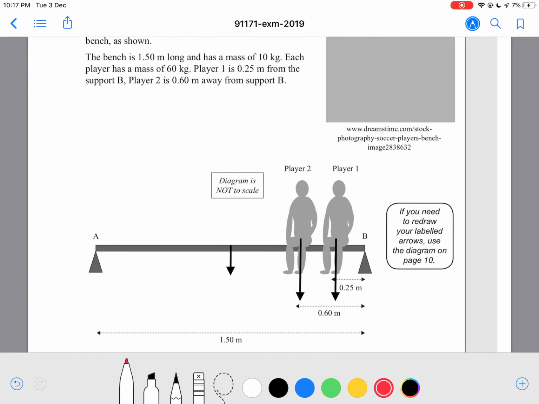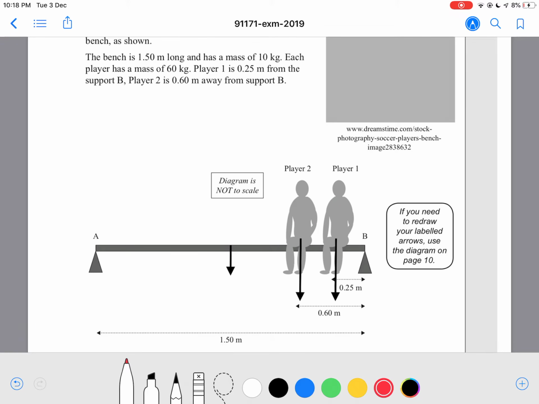In terms of your support forces, support A is a lot further away from the players and support B is close to the players. If you're thinking in a practical sense, for example, you're carrying a board on one side and someone else is on the other side, and there's a bunch of objects on this board.